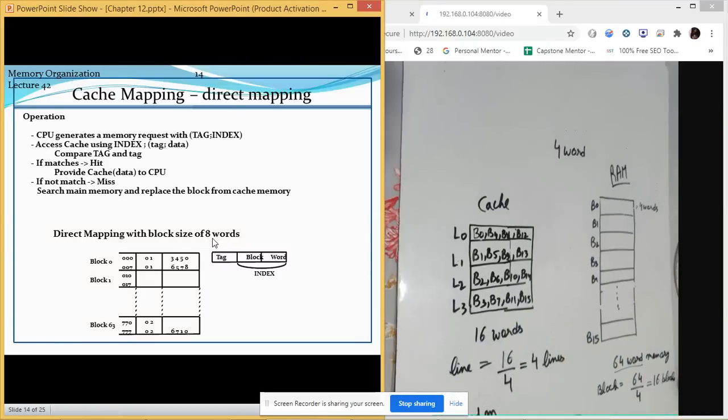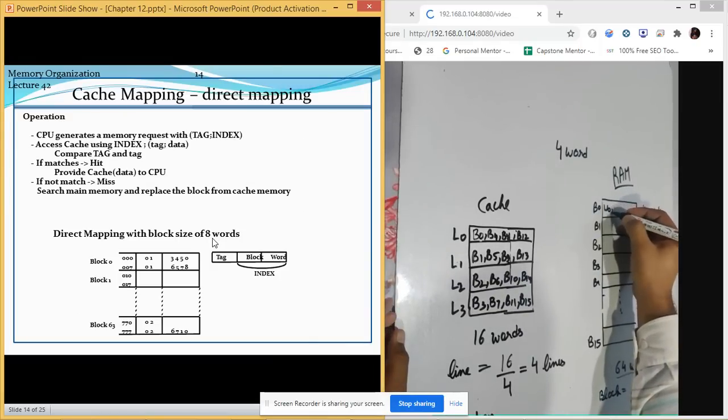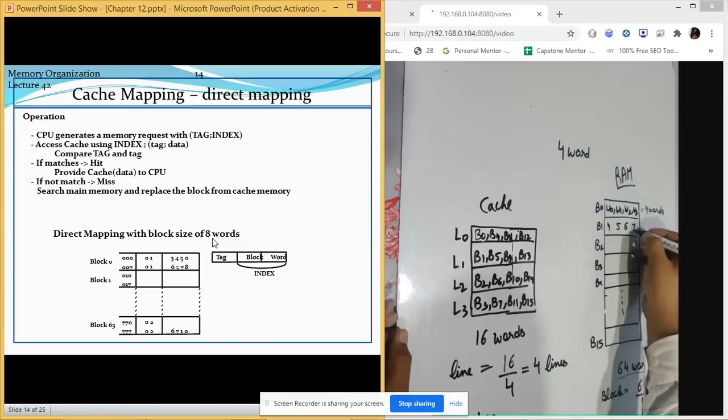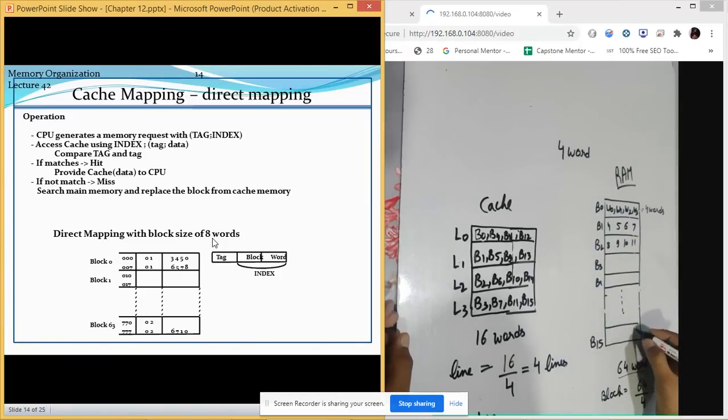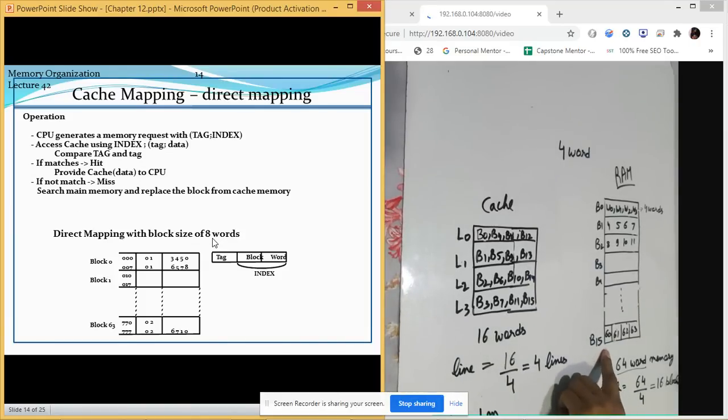The words which we are talking about here are organized like this: word 0, word 1, word 2, and word 3. Then the 4th, 5th, 6th, 7th word, then 8, 9, 10, 11, and so on up to 60, 61, 62, and 63.